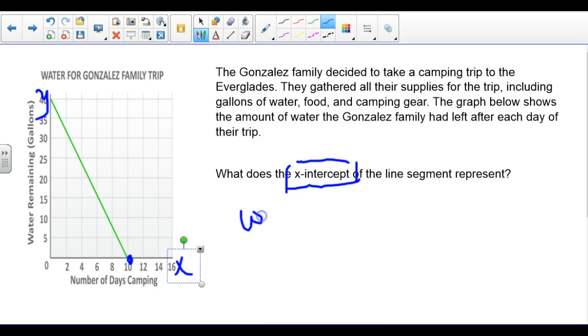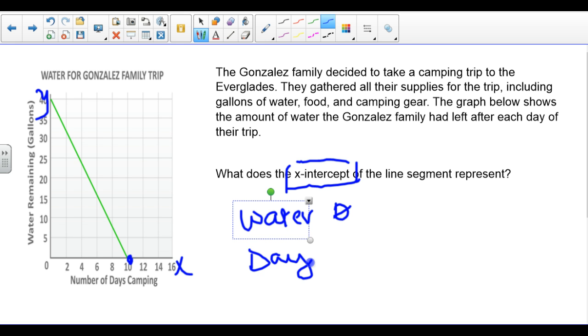So water is at 0 when days is 10. All right, so remember this point will be 10 comma 0. All right, that's the point right here.